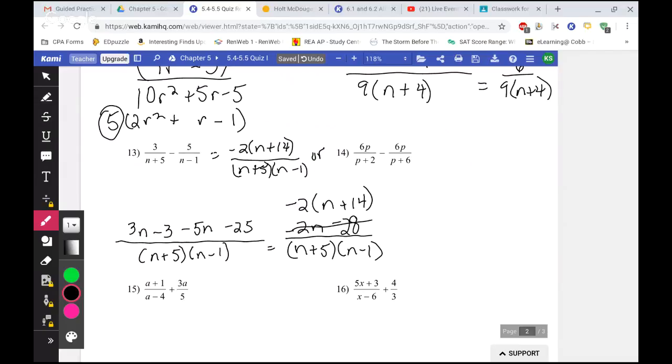Or you could have left it like this because nothing canceled anyway. Either way is fine.